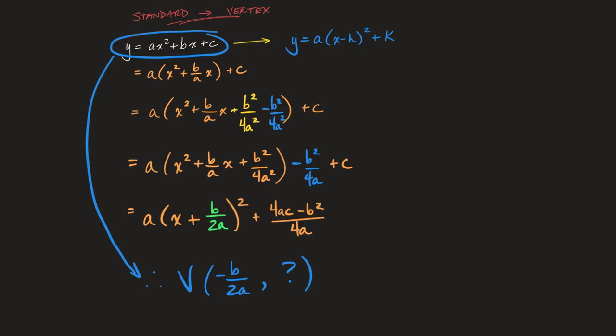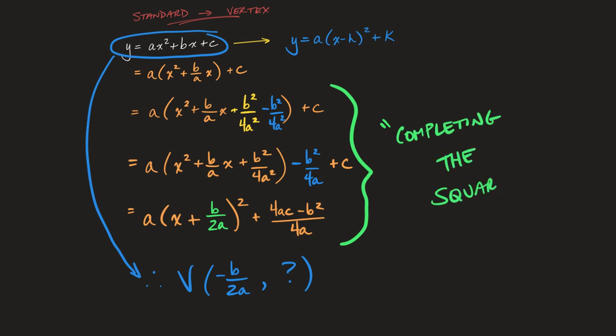I just want to add one thing into our note, that this process here of what I've highlighted in my green brace bracket is something called completing the square. And you can maybe see why it has that name, because we had to go through that process of figuring out how to make it a perfect square.